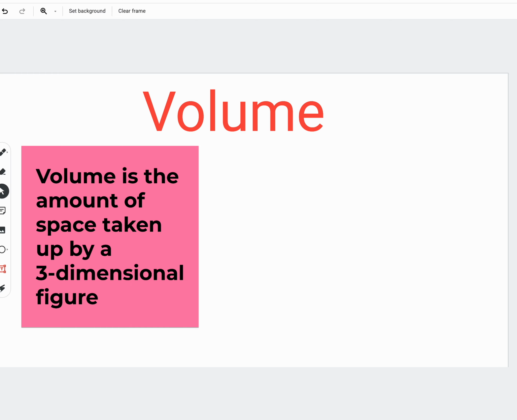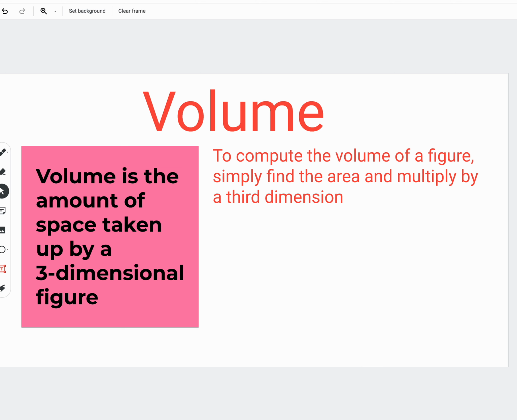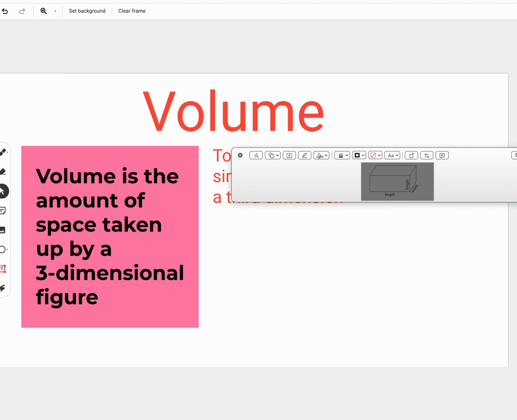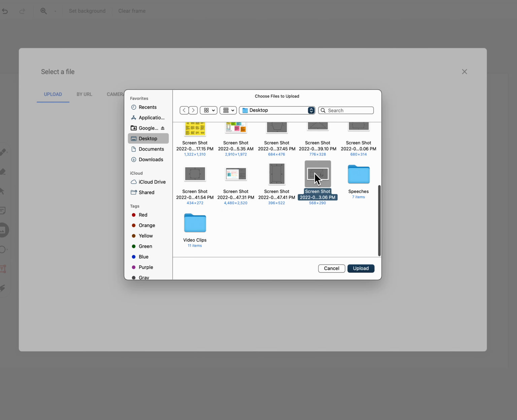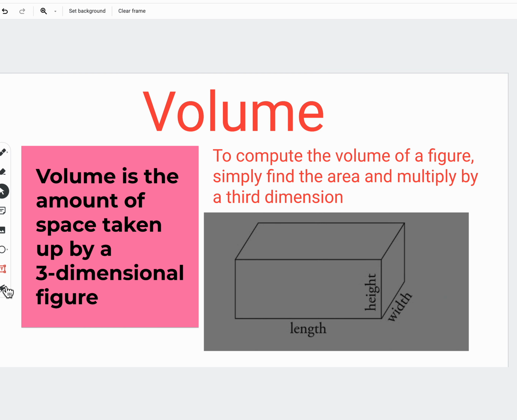Let's take a look at an example. Here's our rectangular object.